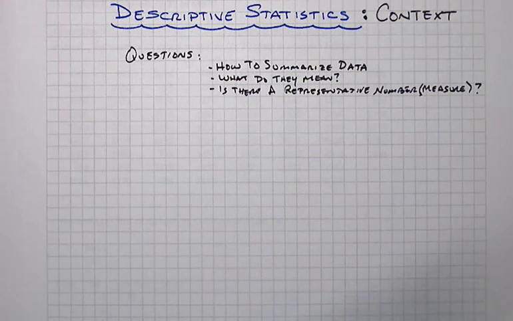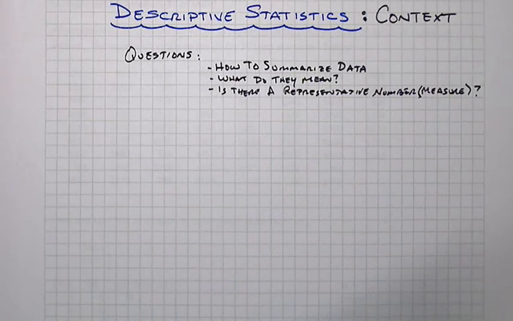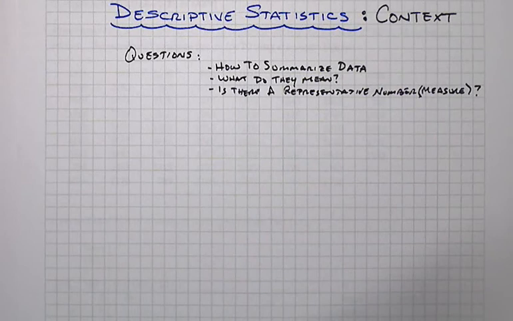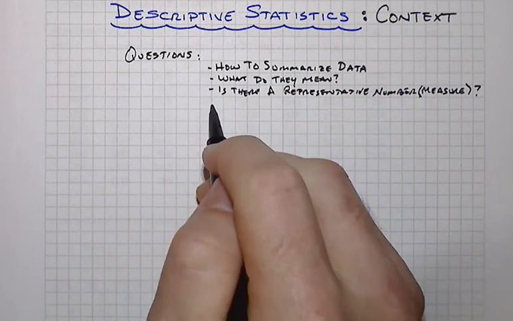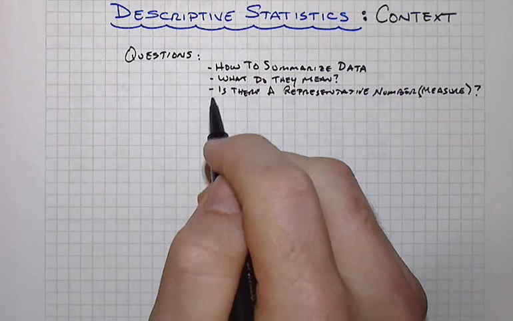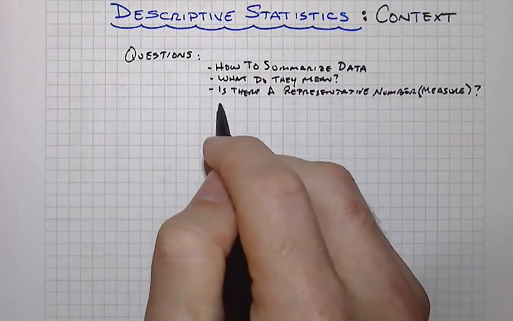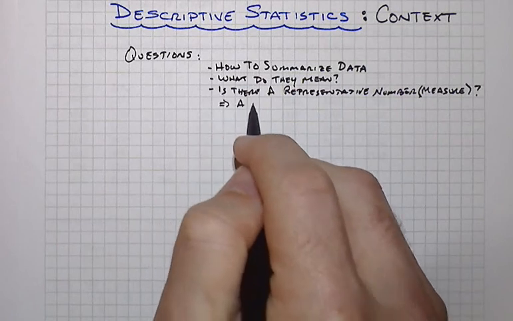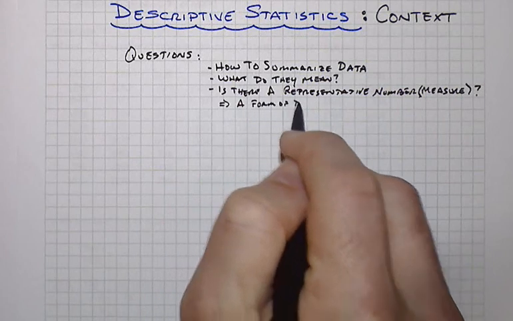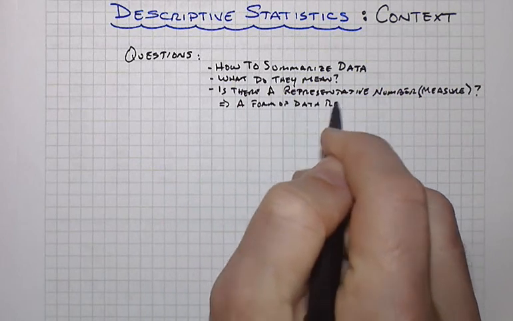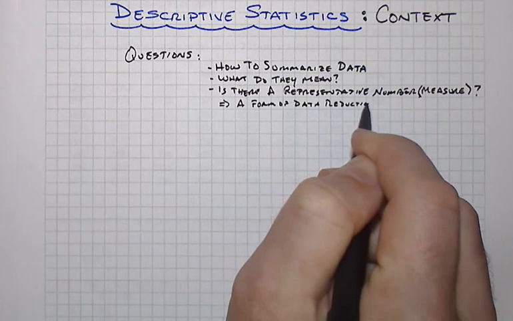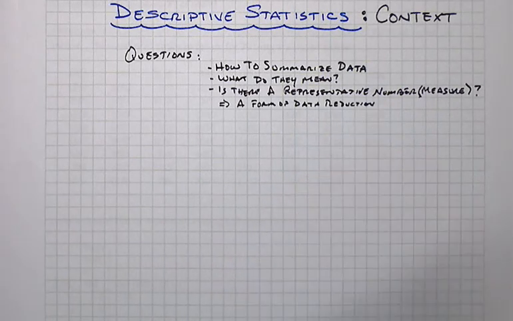A bit like trying to simply characterize an individual person with just one adjective is pretty difficult, and the same is true with data as well. In a sense, what we're really doing is a form of data reduction, trying to simplify this down to its critical kernels of truth, so to speak.